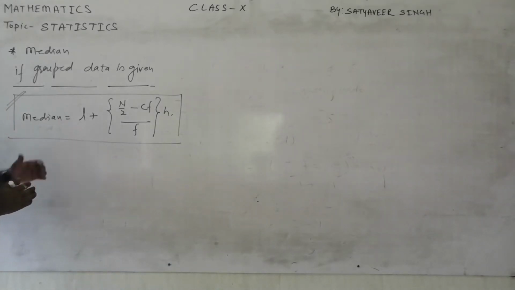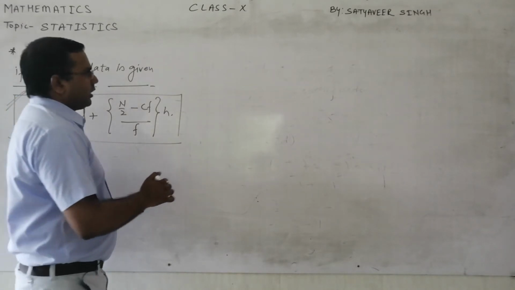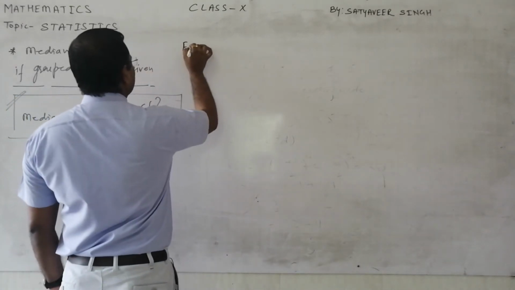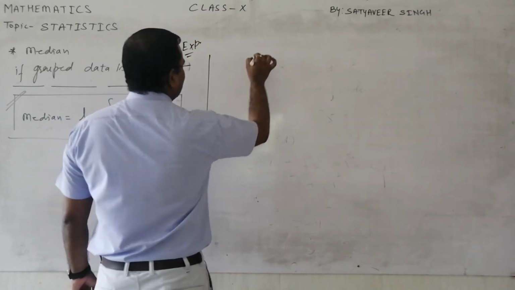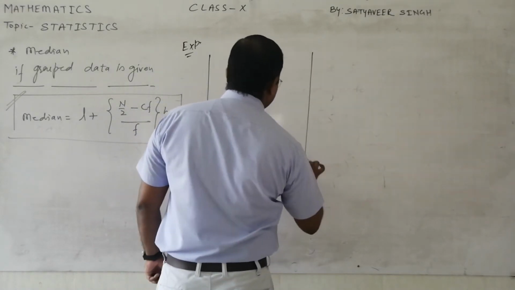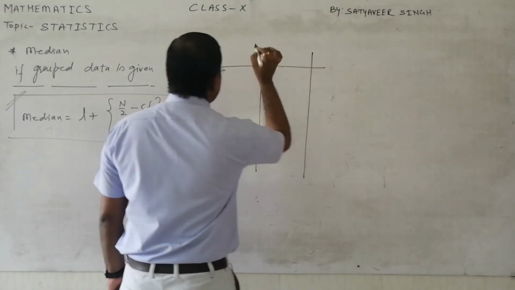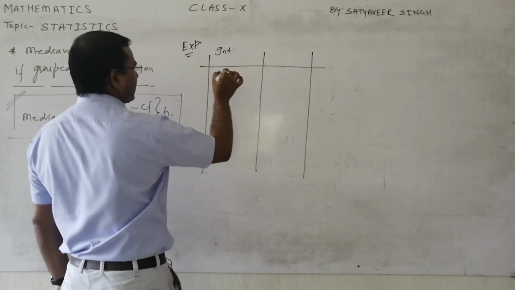I'll take one example and with the help of that we will solve the question and we will understand how to utilize this. See now, I am taking one example. Let this is the one data is given, we want to find out the median of this data. I am taking a very simple question, it is not given in any book, I am just taking like this only.